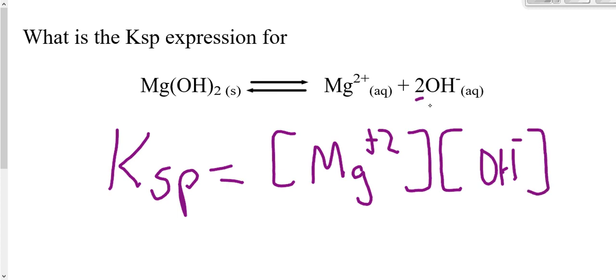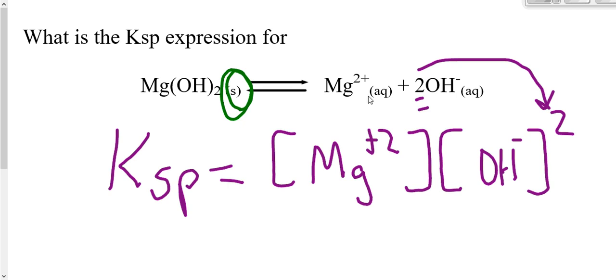And remember what we do with the 2? It goes out here as an exponent, squared. We do not put it over the concentration of magnesium hydroxide because magnesium hydroxide is a solid and we don't include solids in our equilibrium expressions. So this is always kind of nice. We don't have any denominators in any of our Ksp calculations or our expressions.